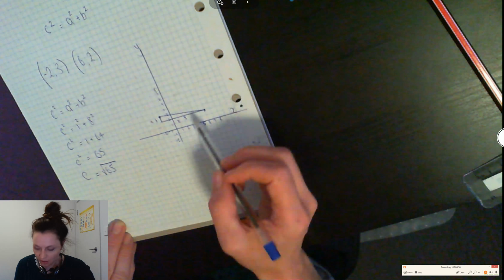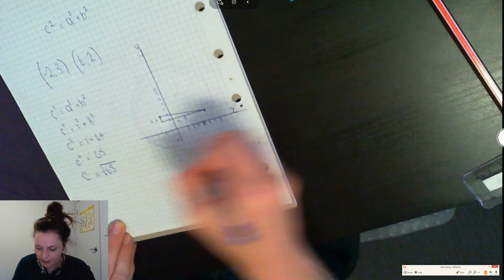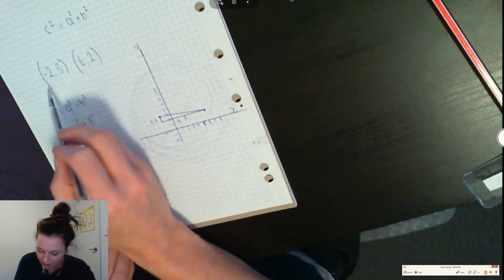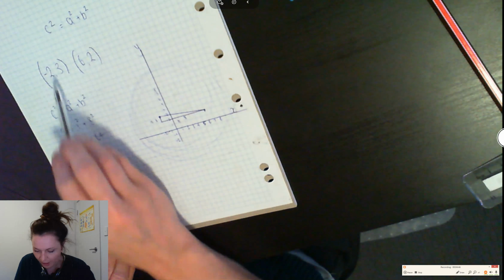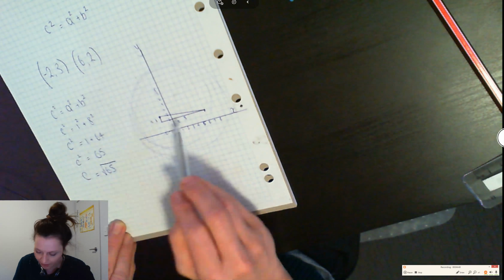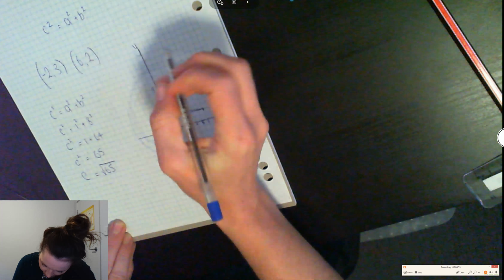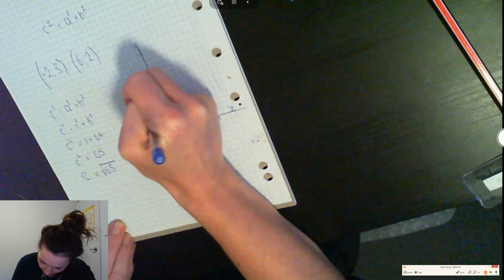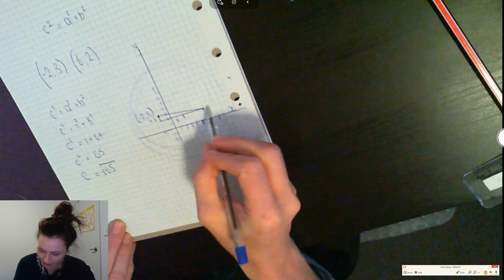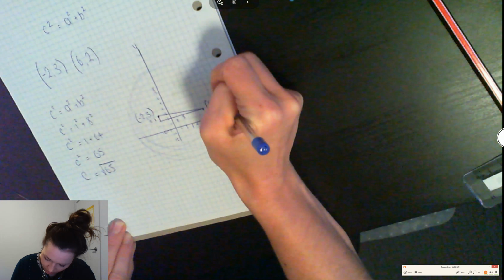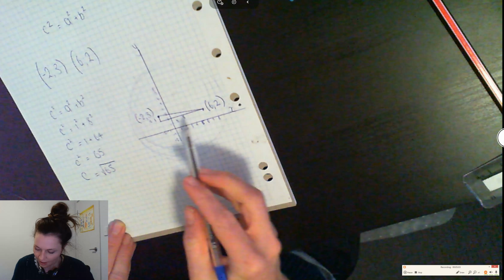But you don't always have to draw it up, because this isn't always super convenient. So this is the first pair we plotted, -2, 3, and this one here was 6, 2.